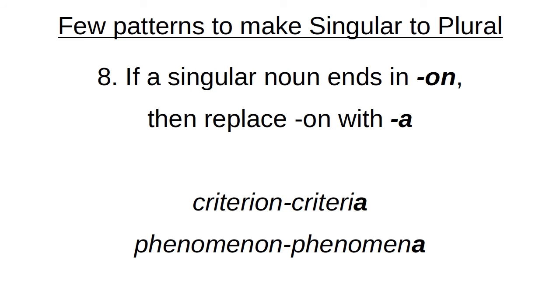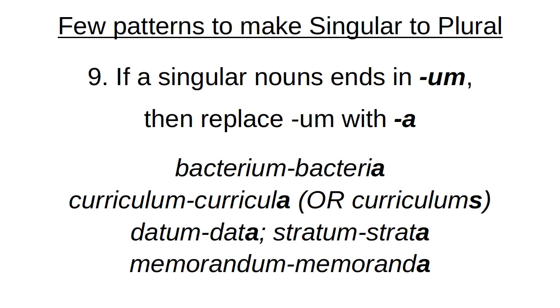Now there are nouns which end in ON. Then we replace the ON with A. For example, phenomenon. To make it plural, we write phenomena. Criterion, criteria. With singular nouns that end in UM, we replace the UM with A. Like datum, data.